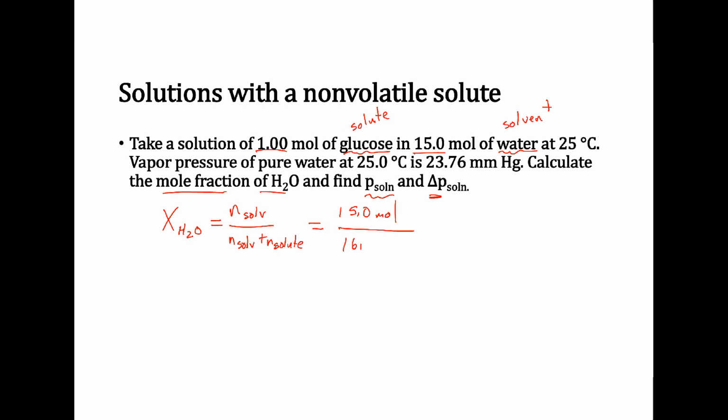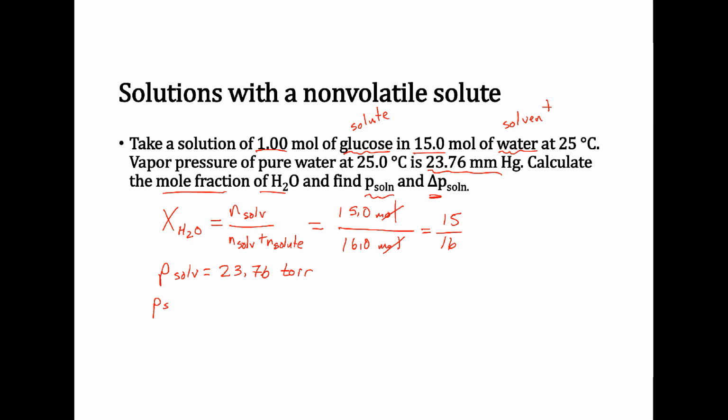So that's a total of 16 moles. Recall that the mole fraction is dimensionless, so those units cancel out, and we'll have that fraction of 15/16. So we know the mole fraction. We're also given the vapor pressure of the solvent is 23.76 torr.